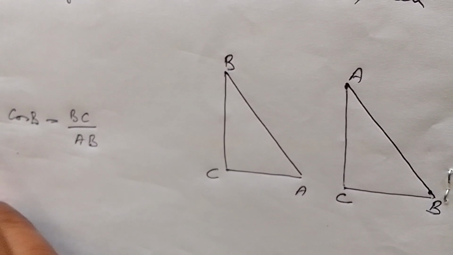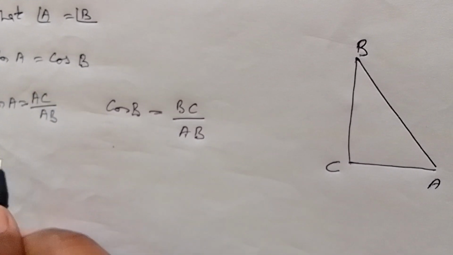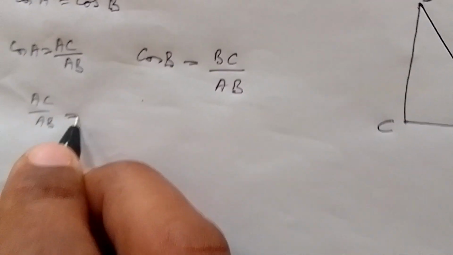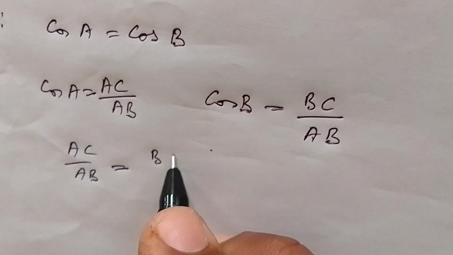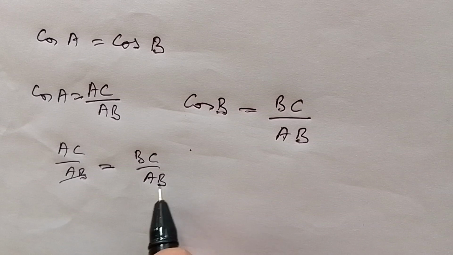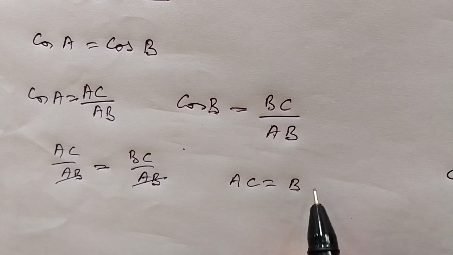Now according to the condition, by putting the values of cos A and cos B, we get AC over AB is equal to BC over AB. Since both sides AB is the same, we will cancel AB. It will become AC is equal to BC.